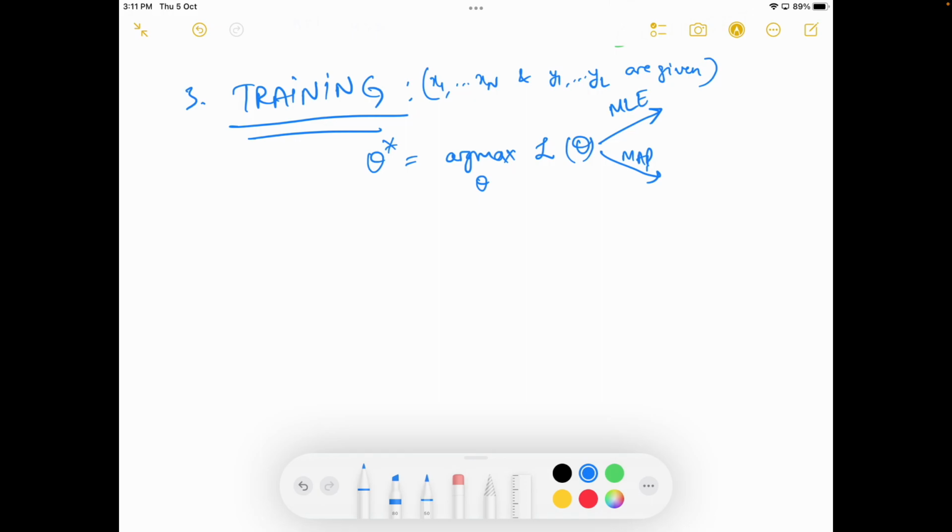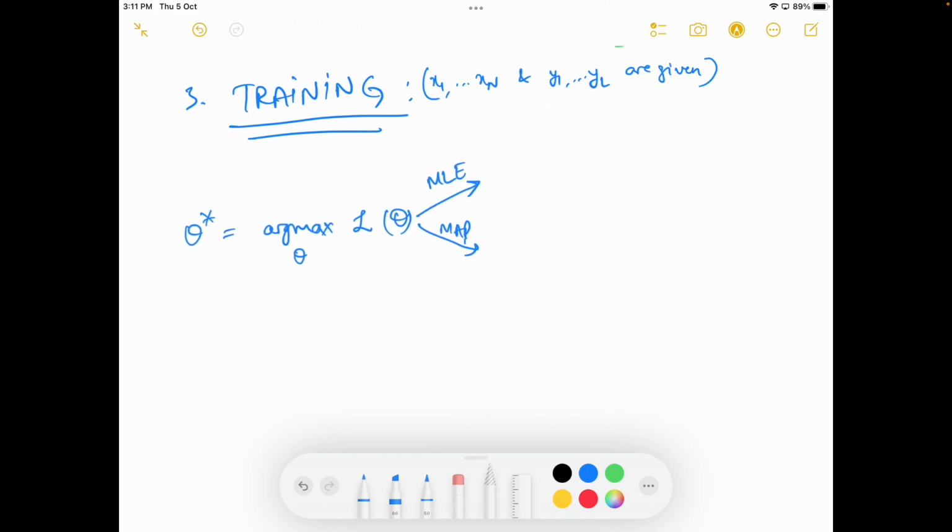Okay, so for MLE, it is the observed quantities given the unknowns.